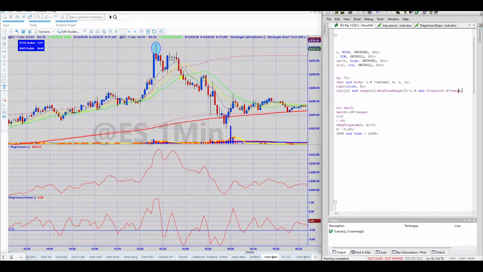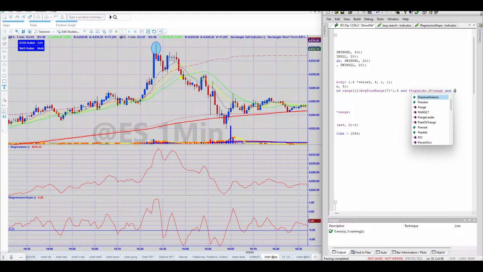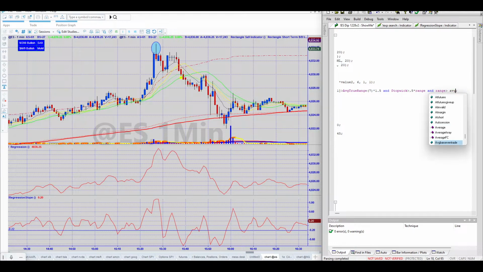All right. Yeah, that just says that you got a long wick there. I'll put an "and" range is greater than average true range of 7.